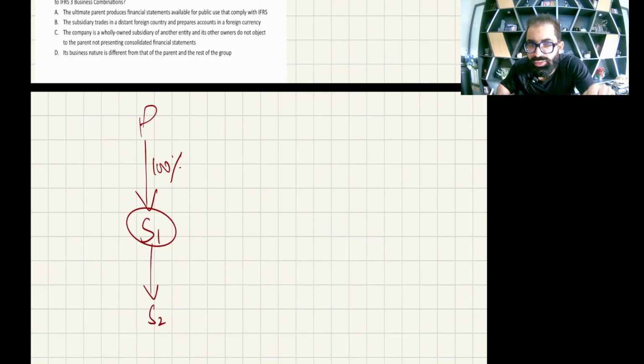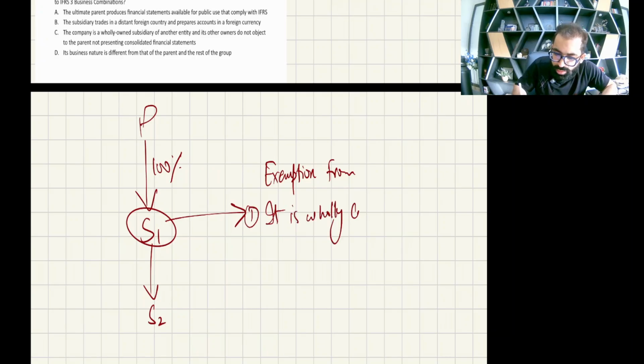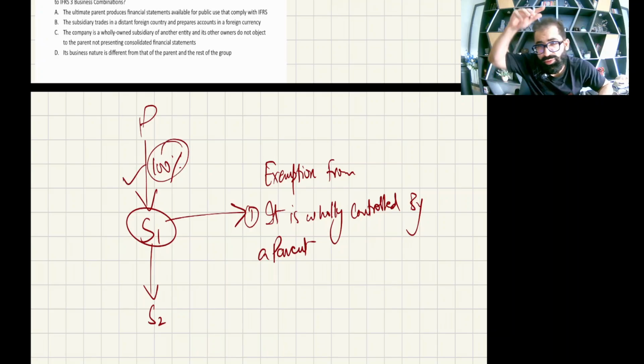Parent is controlling S1 and S1 is controlling S2. So this middleman may get exemption from consolidation if, number one, it is wholly controlled by a parent. That means it is 100% controlled by a parent company.